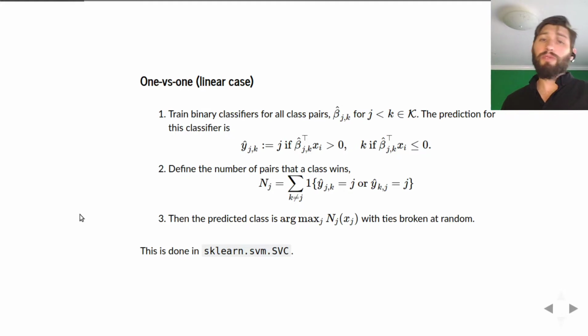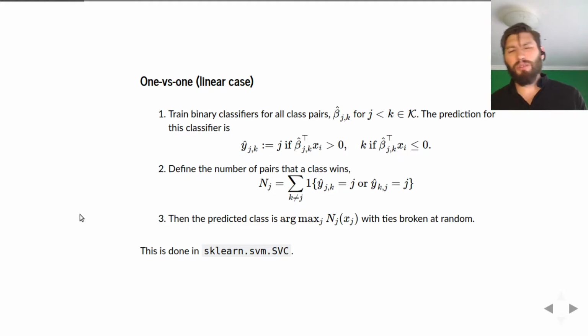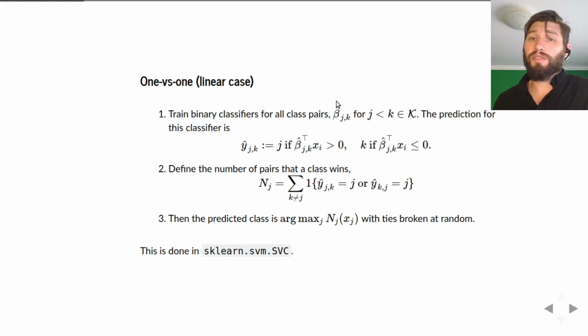Okay, so for the 1 versus 1 case, throughout we're just going to be talking about our favorite linear classifiers. We're going to train our binary classifiers for all class pairs. Here beta is a feature vector, and I'm thinking about the intercept in these couple of slides to make my life a little bit easier, as being incorporated into this beta.